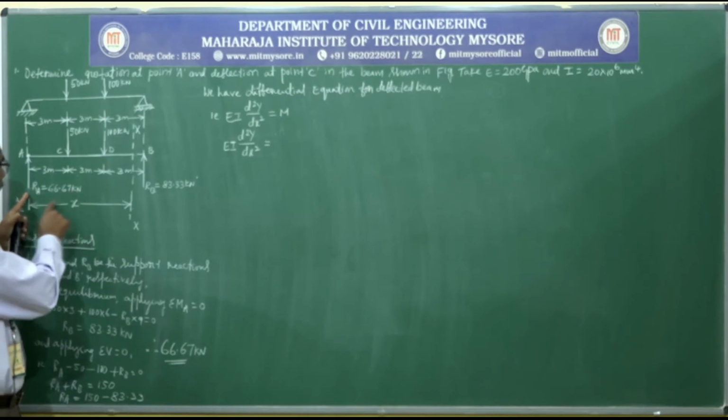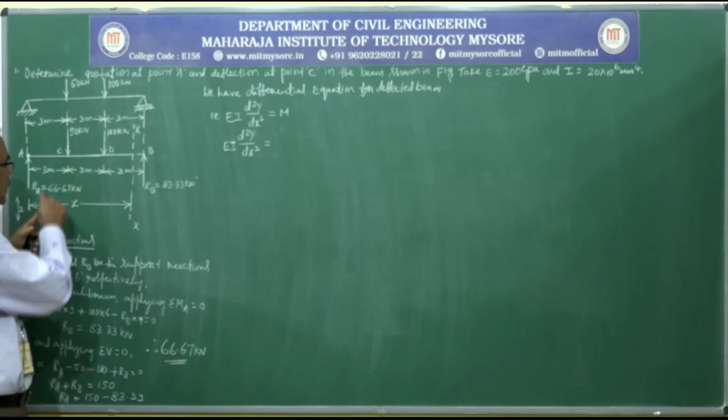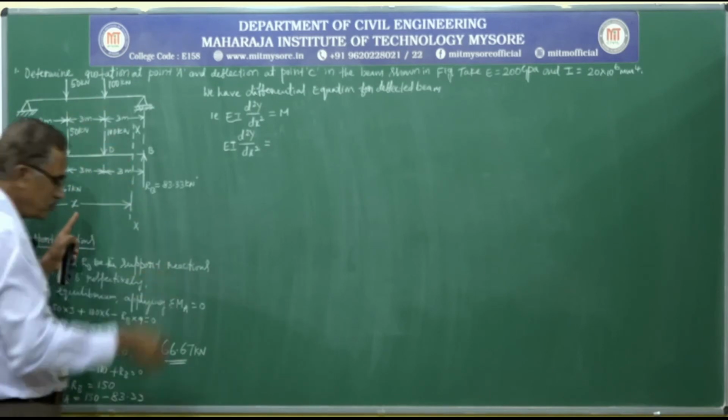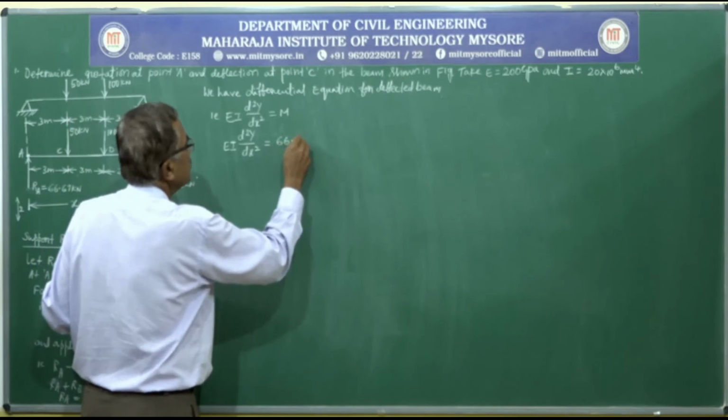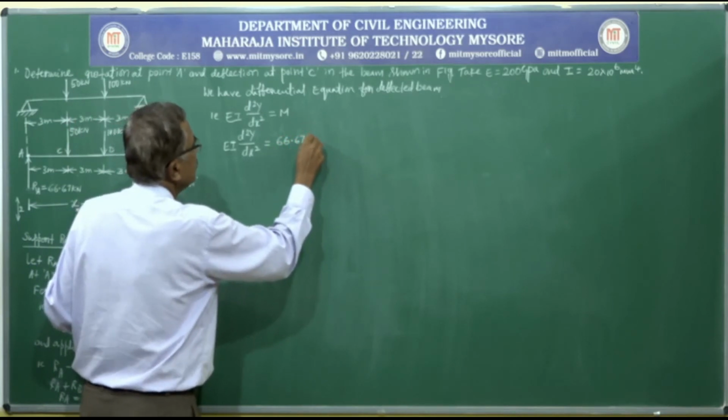Perpendicular distance for RA is equal to x, means 66.67 into x, it is creating the clockwise moment, positive: 66.67 into x.